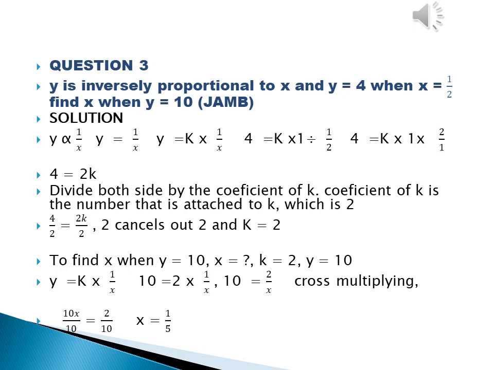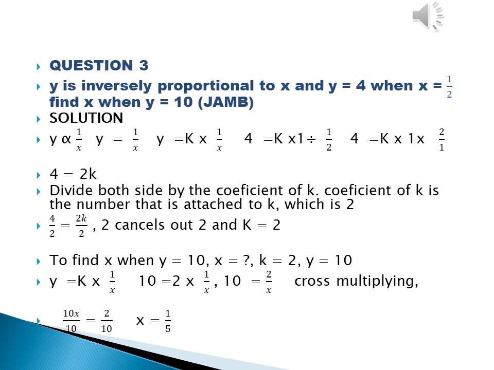So 4 will be equal to 2k. Divide both sides by the coefficient of k. Coefficient of k is the number that is attached to k, which is 2. So 4 over 2 will be equal to 2k over 2. 2 cancels out 2, and k will be equal to 2.